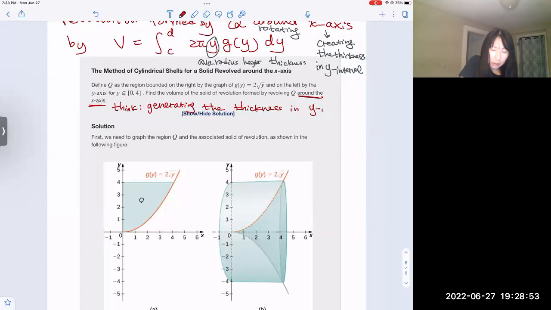Y interval means that we'll integrate with respect to y.